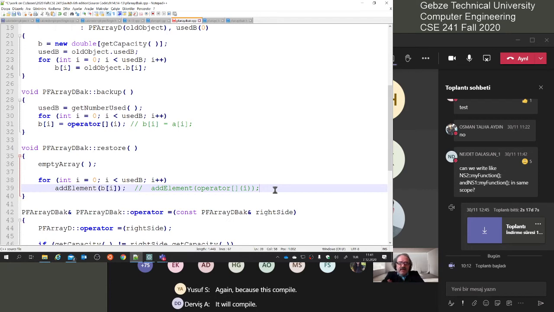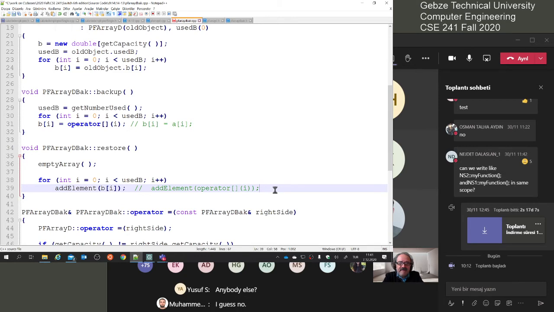It will compile, okay, but does this work? Does this do the same thing as the code on the left? I think yes. Anybody else? I guess no.